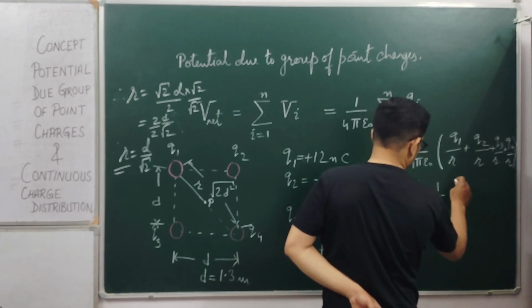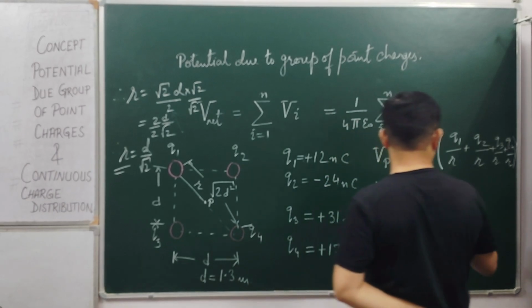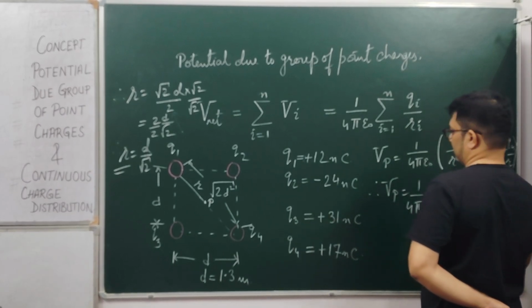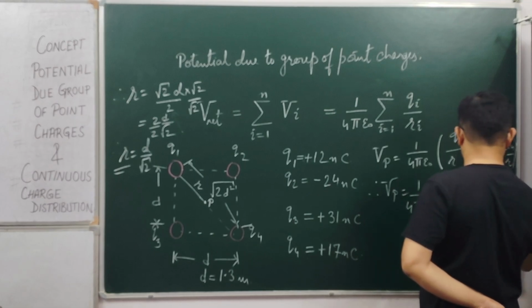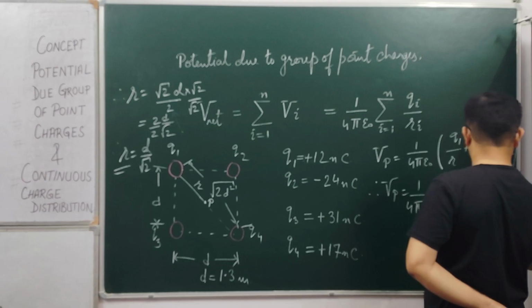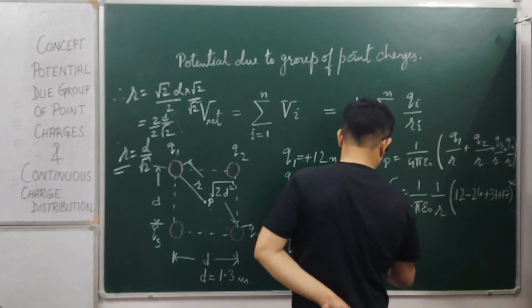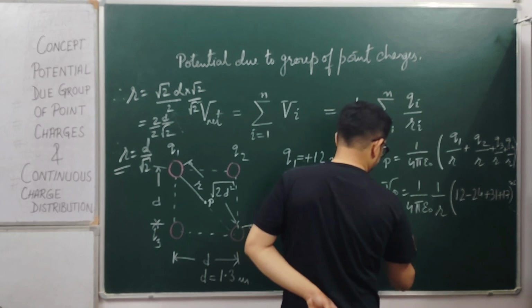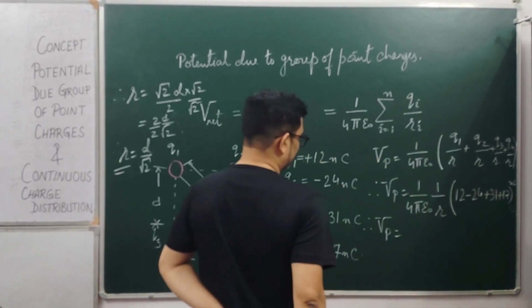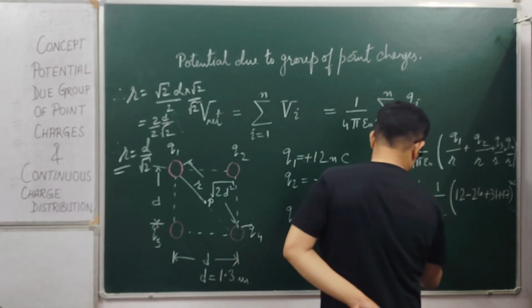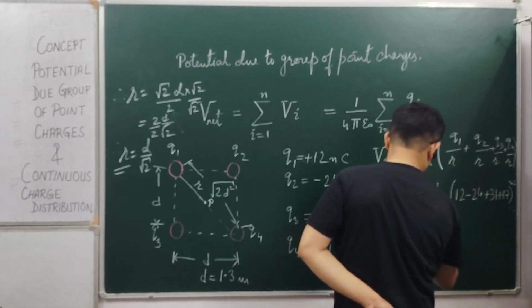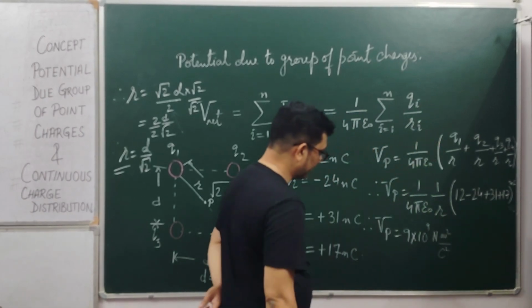Times 1 by R, and Q1 is given plus 12, so let this be 12. Q2 is minus 24, so it will be minus 24. Q3 is plus 31, so it will be plus 31, plus 17. The unit is nanocoulomb. So we get the potential at P. Now 1 by 4 pi epsilon naught, we already know, is 9 times 10 raised to the power 9 Newton meter square per Coulomb square.